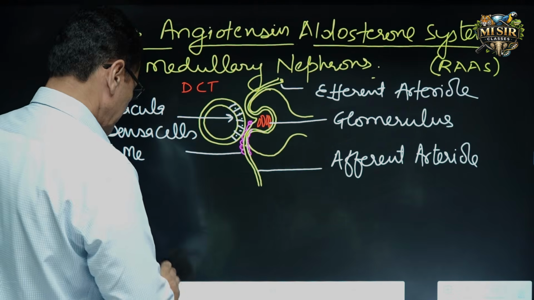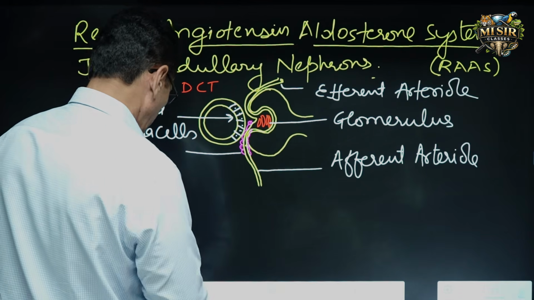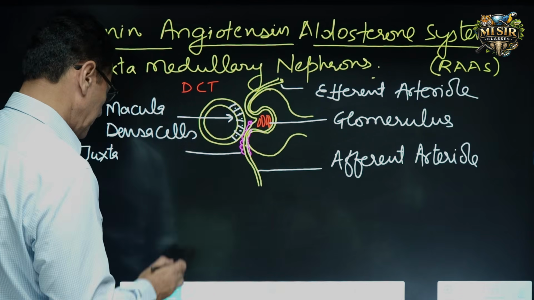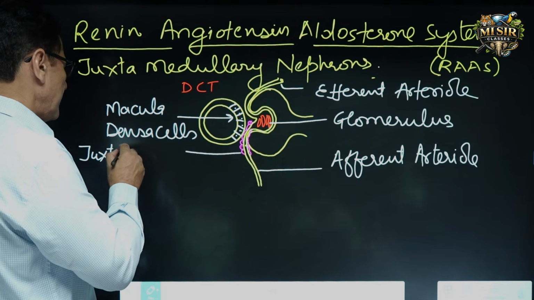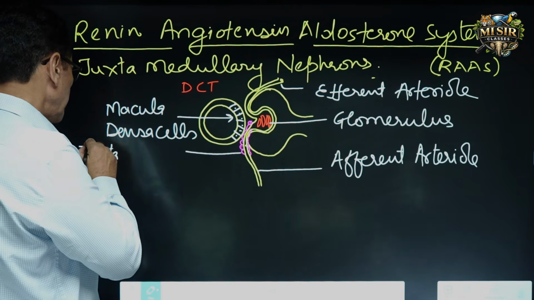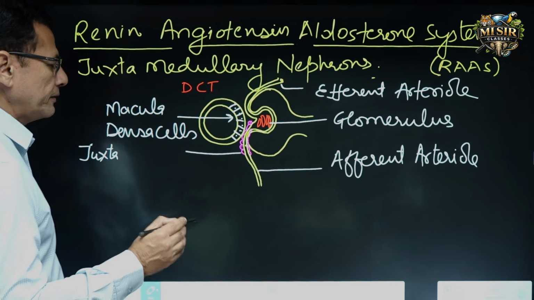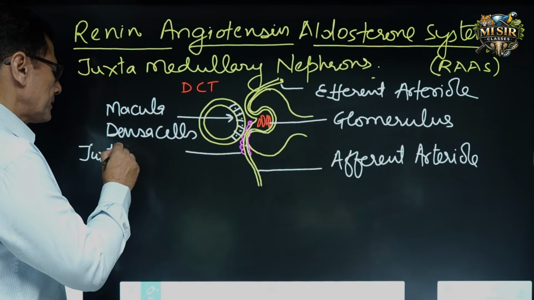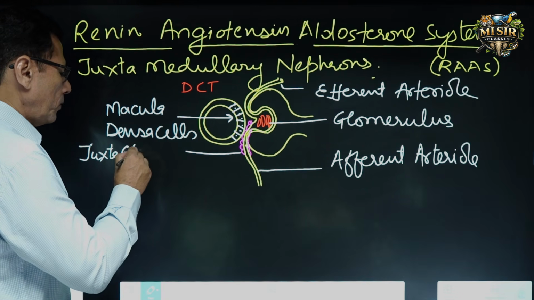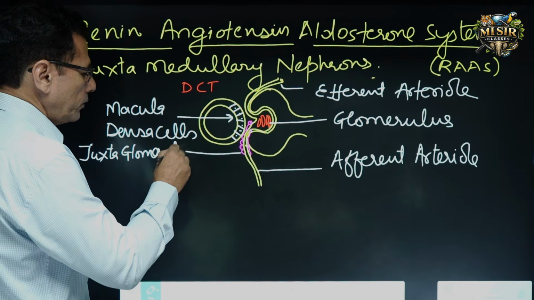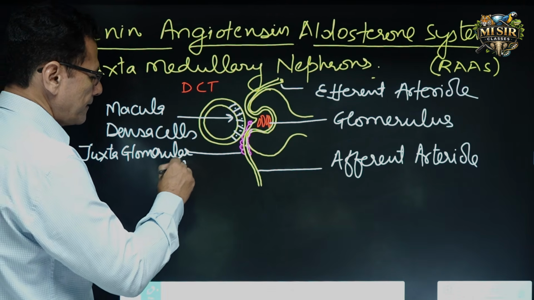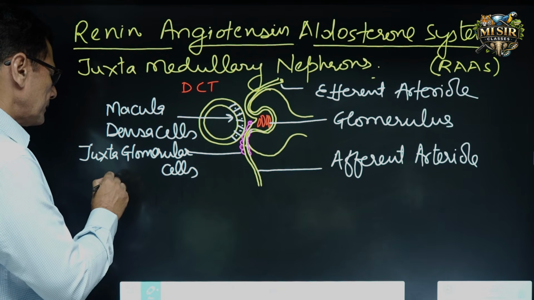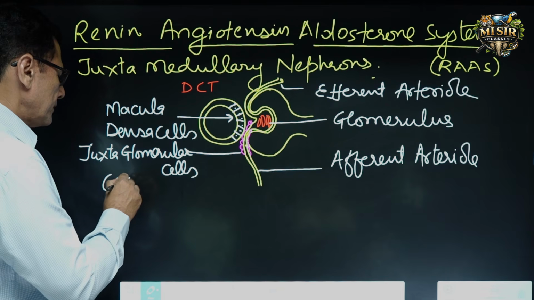This entire structure which I have drawn over here is the juxtaglomerular apparatus. These are juxtaglomerular cells, commonly called JG cells.